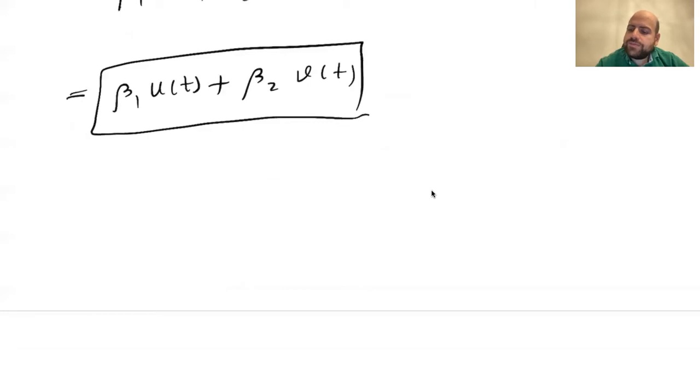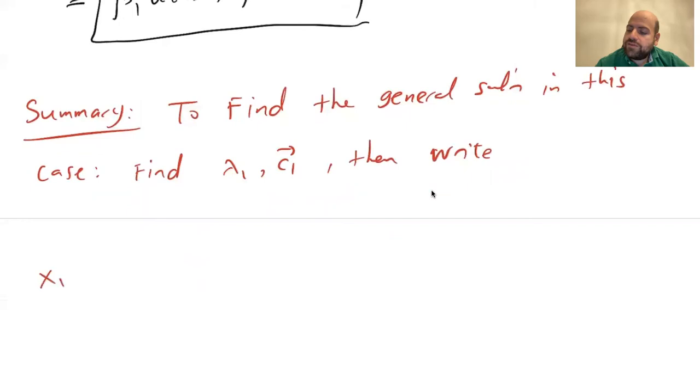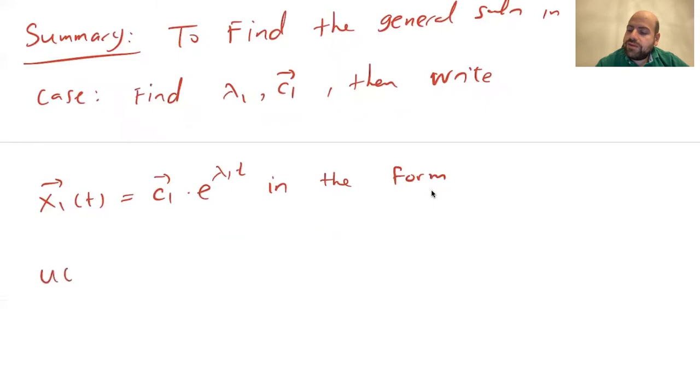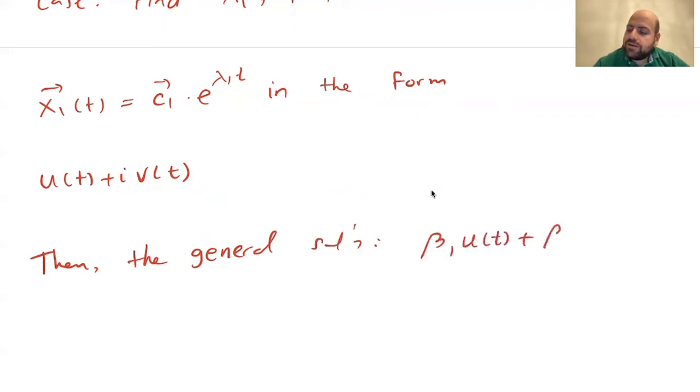So the summary is, to find the general solution in this case, find lambda 1 and c1, then write x1 of t equals c1 e to power lambda 1 t in the form u of t plus iv of t, and then the general solution will be simply beta 1 u of t plus beta 2 v of t.